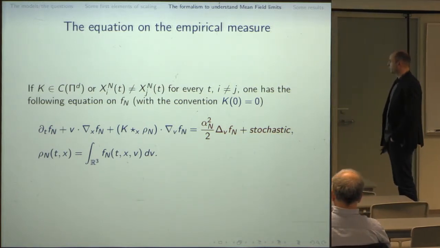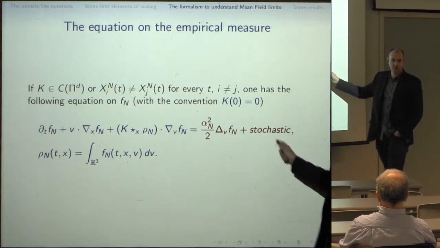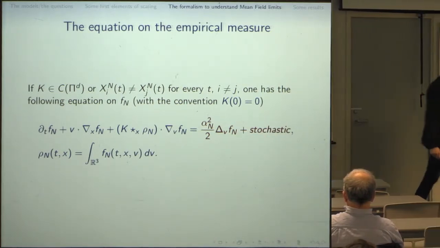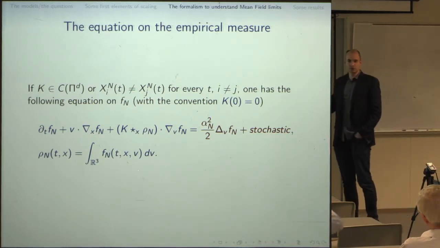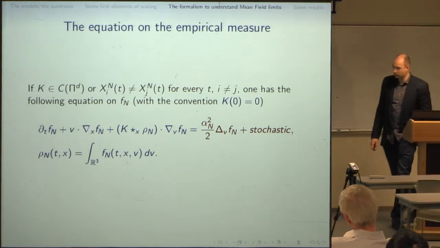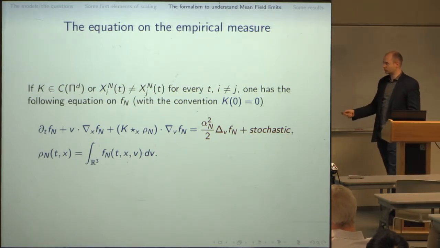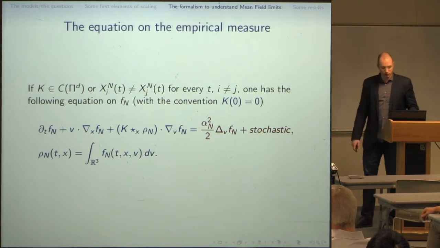But this is okay because you apply a law of large numbers and you see immediately that this term has to go to 0. And you have rates. So this is a very similar type of situation. The fact that the dynamics is random, and that you have this term, is not really the problem. So this is a sort of strange SPDE instead of the PDE, but it's mostly the same type.